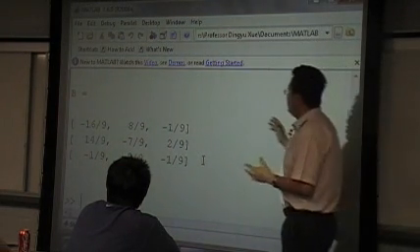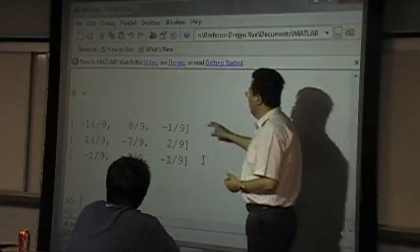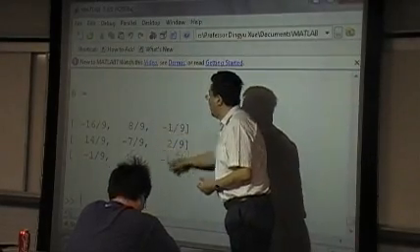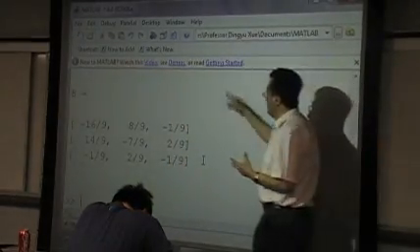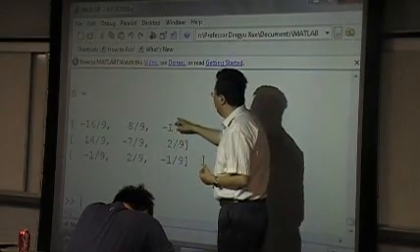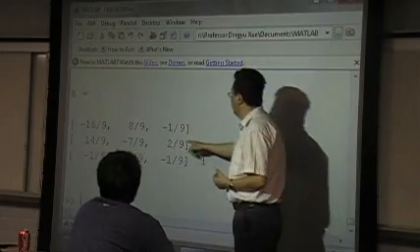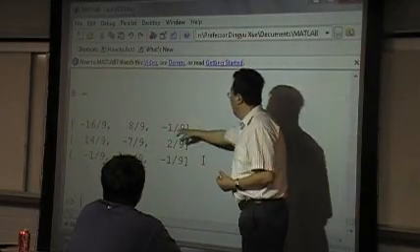I shall explain the differences between the two results. This result is expressed by rational numbers, and the other one is by double precision numbers. If you express this one by double precision, it will leave you 0.111 with 15 ones.